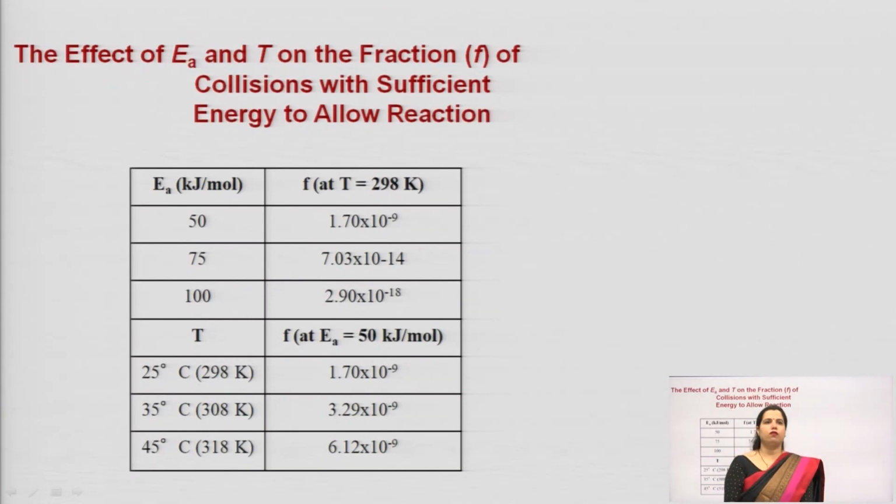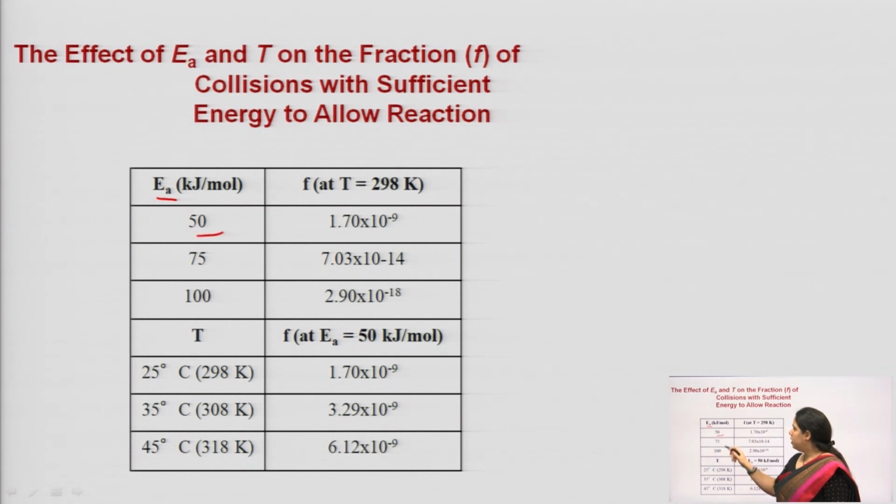The effect of E A and T on the fraction F of the collisions with sufficient energy to allow reaction. Basically, this is a table representing the temperature value and E A, the activation energy, which is an energy threshold above which the particles are exceeding.